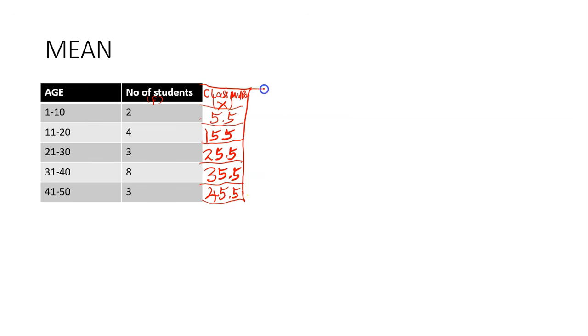After that, you create another column for fx. fx means frequency times mark. Now, to find the fx of this class, we say frequency of this class times the mark. So 2 times 5.5 should give you what? 11.